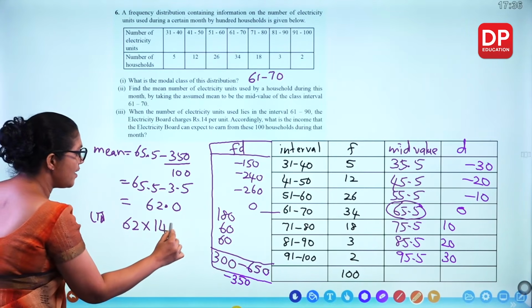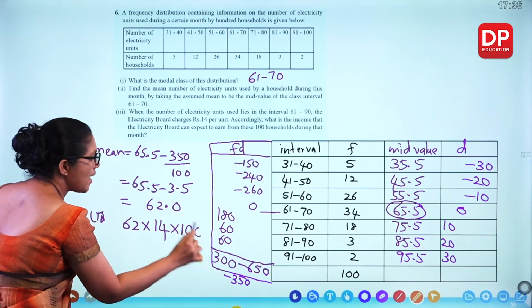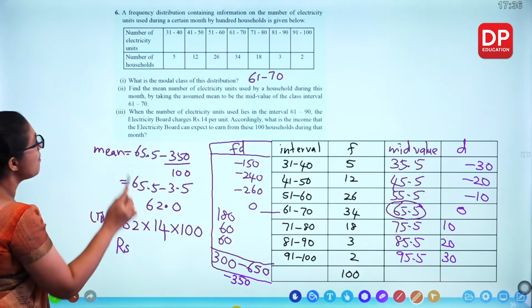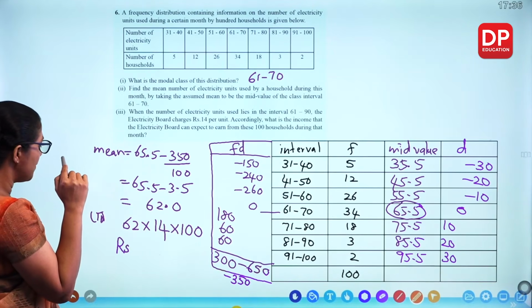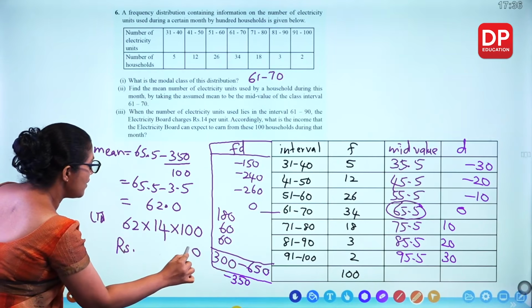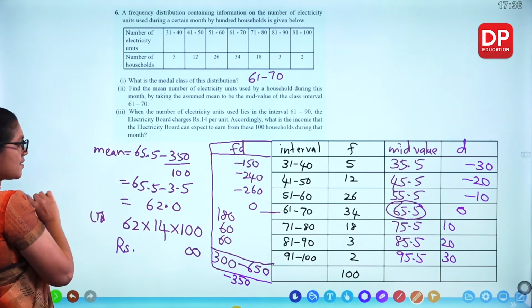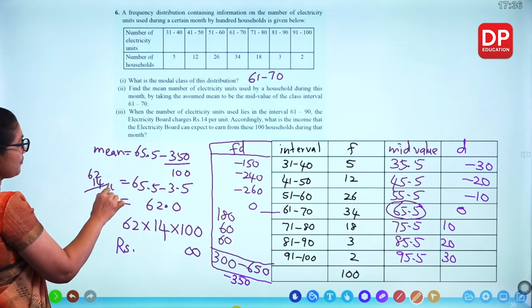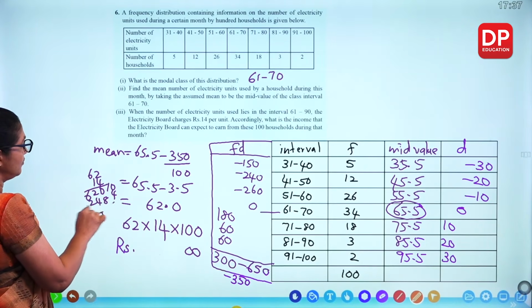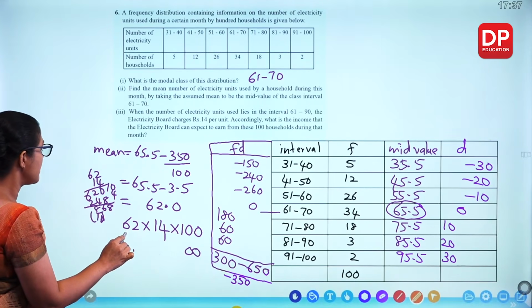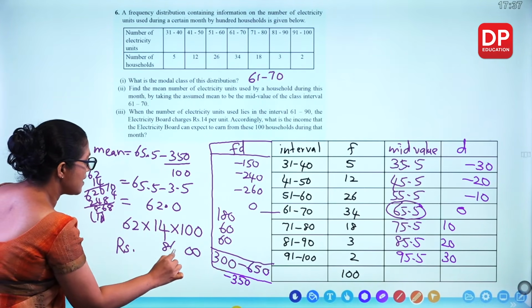There are 100 households. You have to multiply this by 100. So what's the total amount that the electricity board receives? You get 62 times 14, which is 868.